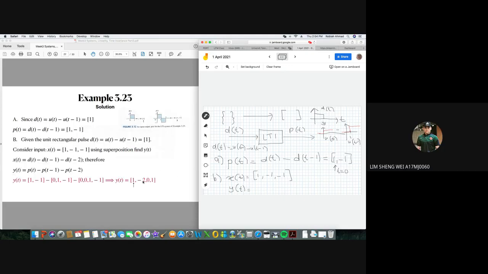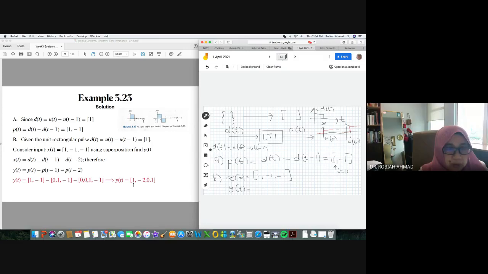PT minus PT open interval negative minus 1. Kalau kita tengok kat sini, so if we have our DT equation, saya katakan lah.